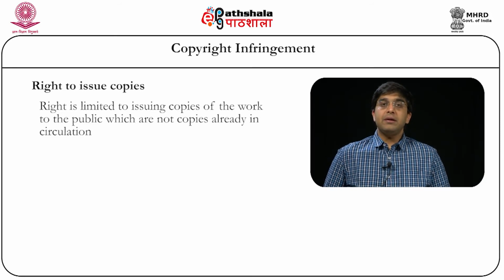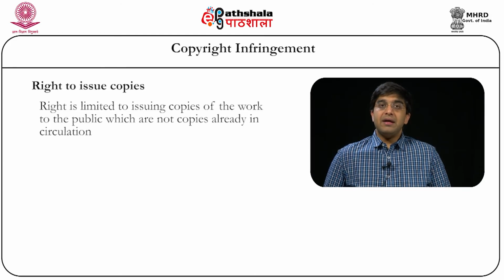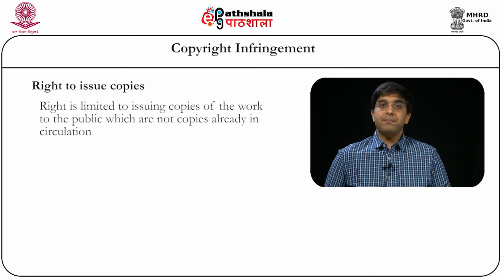Therefore, if the plaintiff puts a work into the public and it is already in circulation, he does not necessarily have the right to prevent further dissemination of that particular copy. However, he has the right to prevent others from issuing fresh copies of the work. This is the right to issue copies under Section 14, and he cannot control the copies which are already in circulation.